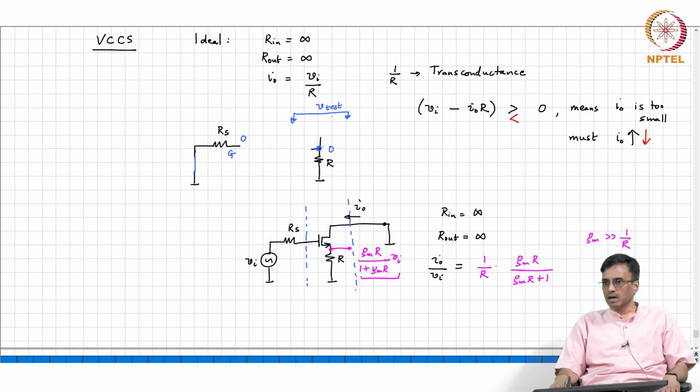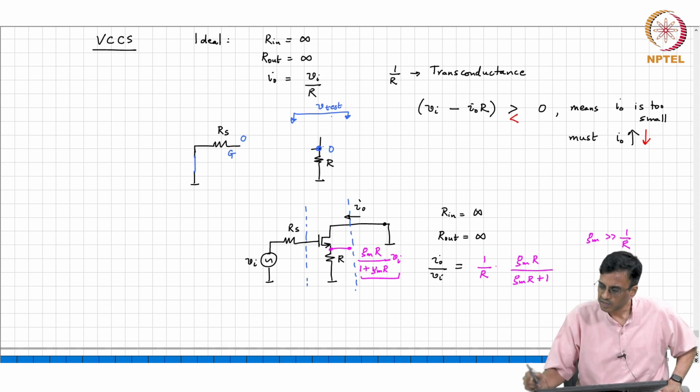On the other hand, if Gm goes down by a factor of 2, which is a huge change, then GmR becomes 10, and 10 by 11 is 0.91. So, even though you have a 100% change in Gm, the change in gain is only about 4%. So, this is the incremental network.